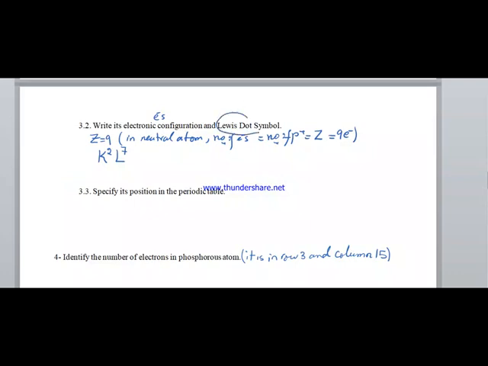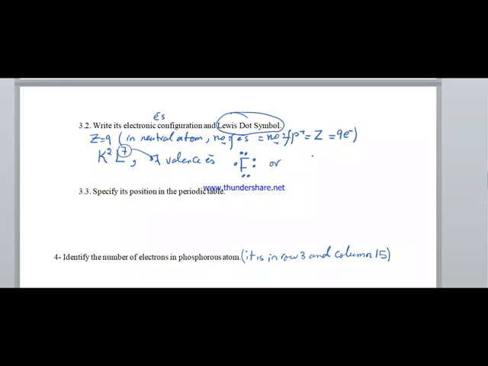To write the Lewis dot symbol of fluorine, the Lewis dot symbol depends on the valence electrons. We have 7 valence electrons, so for the Lewis dot symbol of fluorine we have 1, 2, 3, 4, 5, 6, and 7.